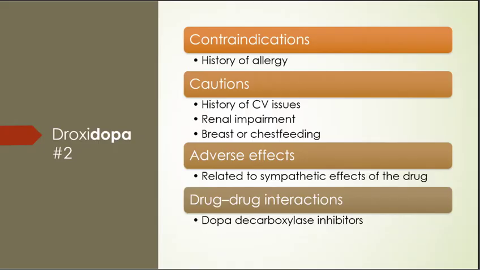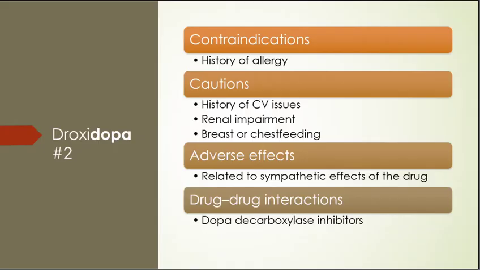Some adverse effects are related to the drug's sympathetic nervous system stimulation. They may also have headache, hypertension, palpitations, increased heart rate, and supine hypertension. It's important to note the drug interaction involves dopa decarboxylase inhibitors such as carbidopa.